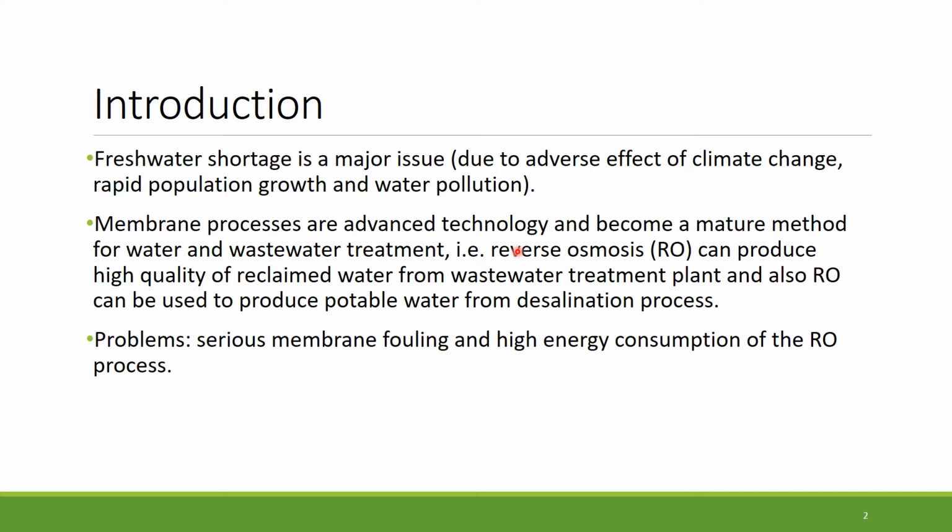the desalination process. So the problem is that, for example, using reverse osmosis as a membrane process, after a certain period of operation, the membrane will be damaged, what we call fouling, as well as very high energy consumption being required in this RO process.